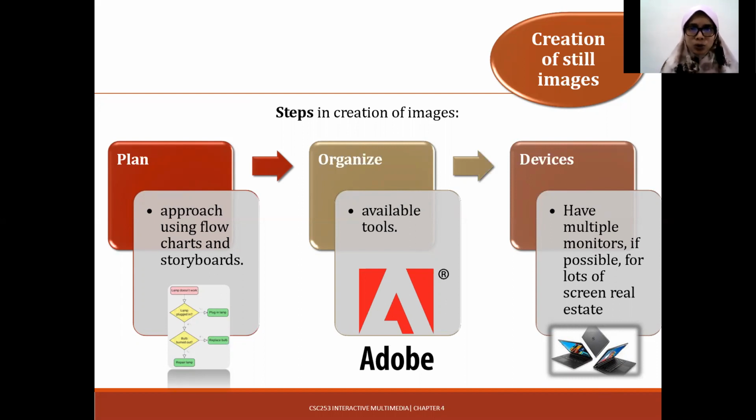First you need to know what kind of image that you are going to create, so you need to use flowchart and storyboard. Plan first. But if you are going to create a poster, for example, maybe you need to sketch first.